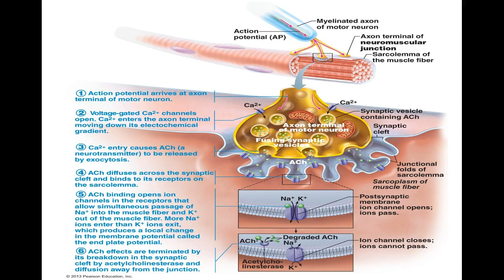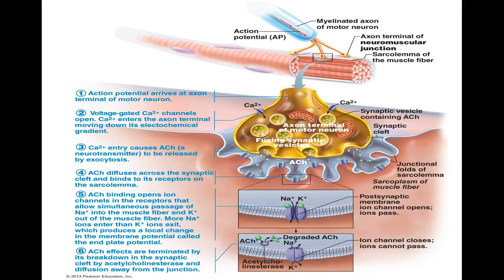That action potential causes neurotransmitters that are already sitting there in vesicles to fuse with the membrane of the axon terminal, we call that the synaptic cleft, and then drop those neurotransmitters into the space between the nerve and the muscle, and that neurotransmitter happens to be called acetylcholine. If it's a muscle contraction, it's acetylcholine.